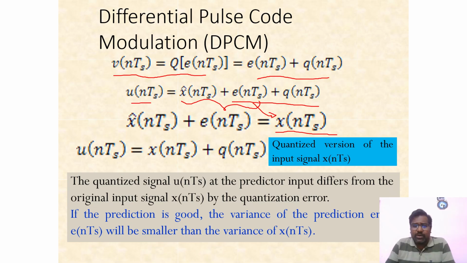So finally we calculate u(nTs), the quantized signal at the predictor input.